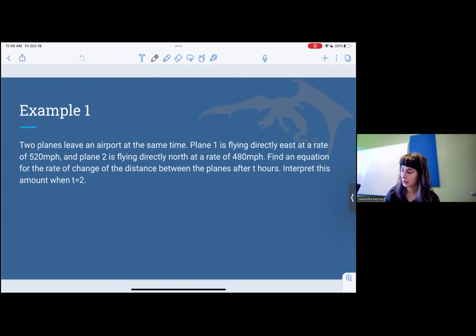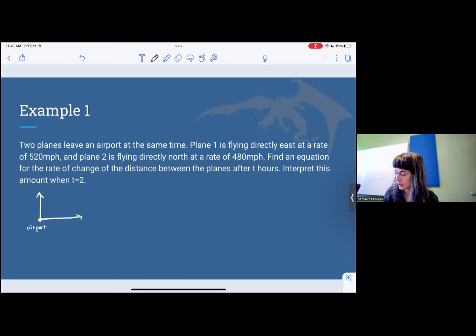Okay, so first of all, let's figure out the relevant variables and amounts that are going on, so maybe go back and forth between my picture step and my variable step. All right, so I've got a plane that's flying directly east and a plane that's flying directly north, and they both left my airport at the same time.